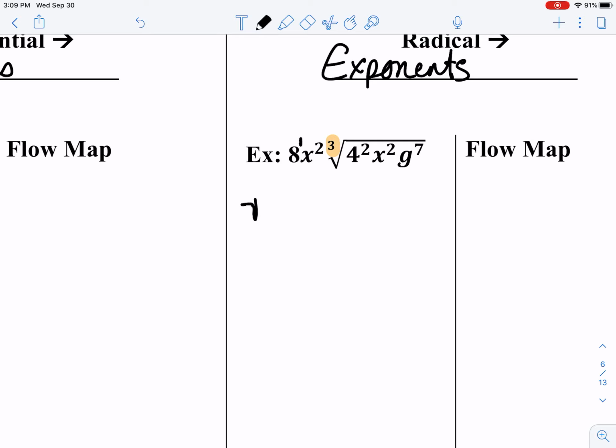So I'm going to rewrite this as the cube root of 8 to the third times x squared. There were 2 groups of 3, so x to the 6.